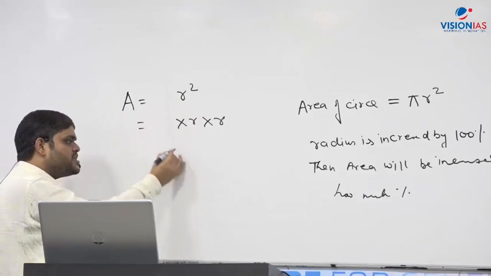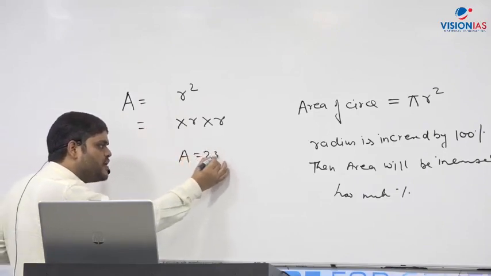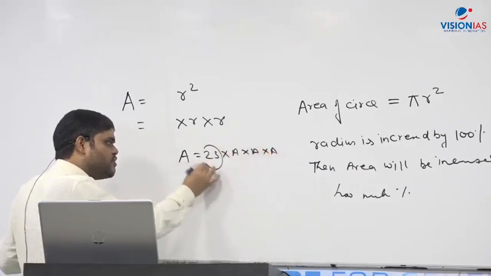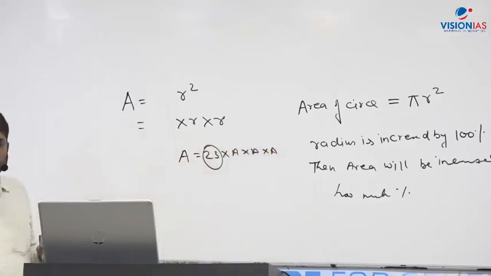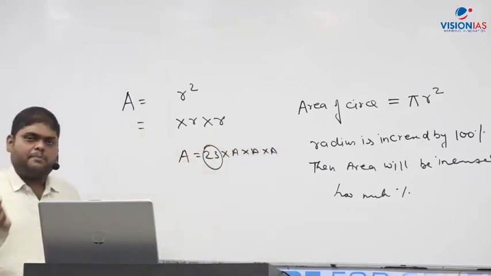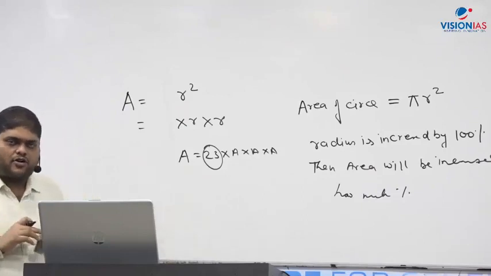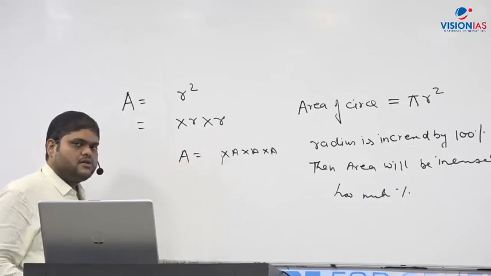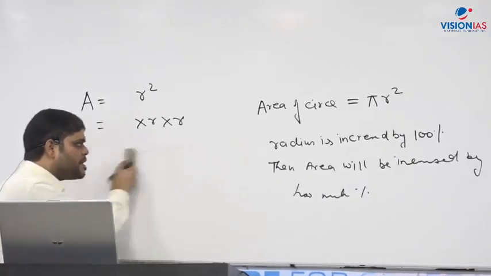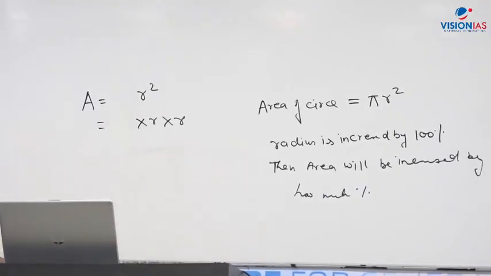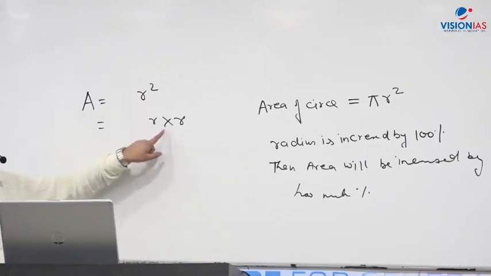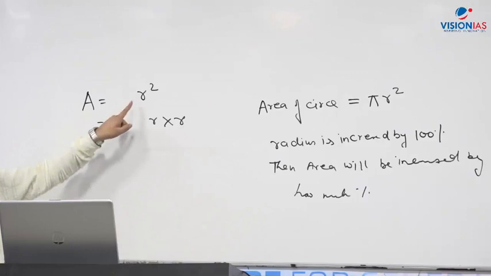Suppose A is equal to 23 into a into a into a. Since 23 is a constant number, it will be there before and after the increment, so there is no meaning of 23. We just have to concentrate on r into r, because it's r square.